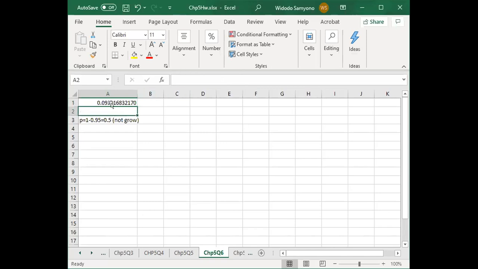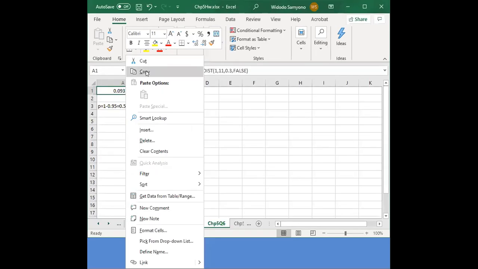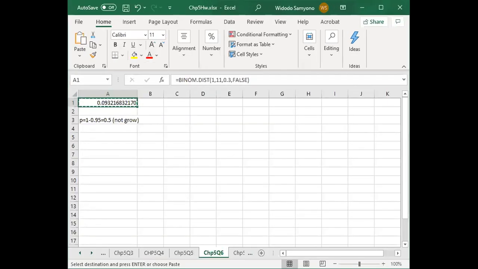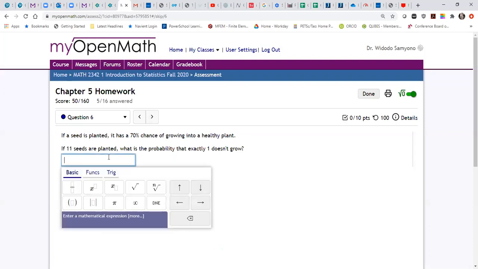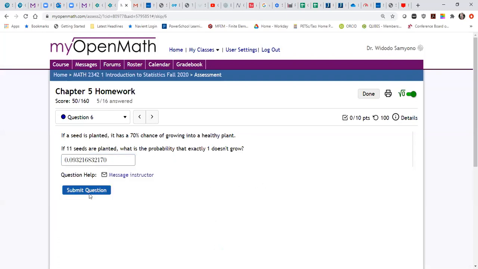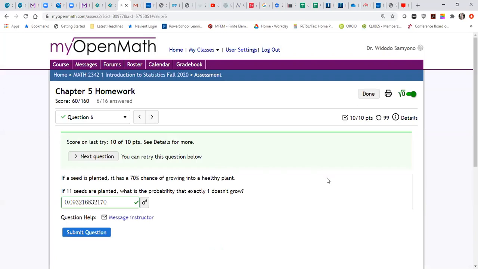You can copy and paste it there and submit it. You need to put the probability at 0.3 because you're looking for the opposite, the plant that doesn't grow, or the unhealthy plant.